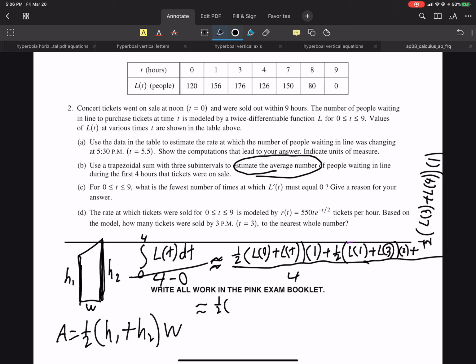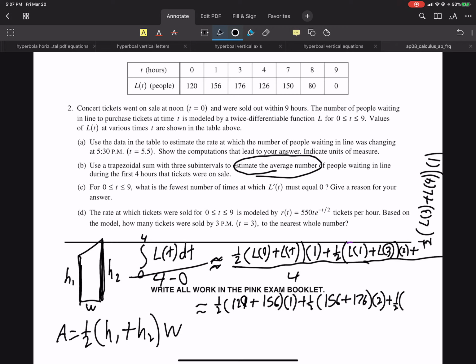So it's 1/2 times 120 plus 156. And then the next one will be 156 and 176, and the width of that was 2.